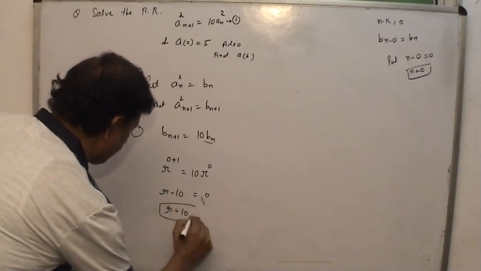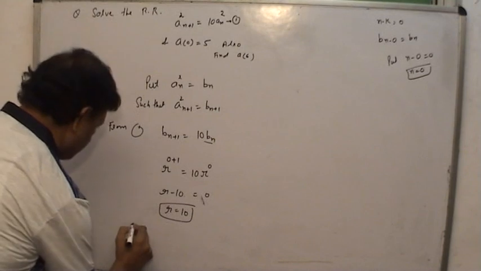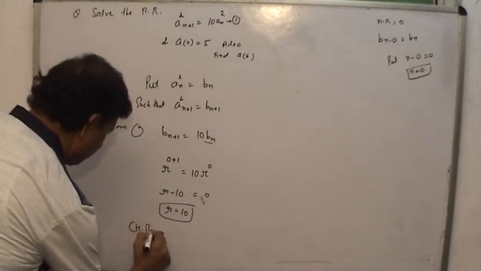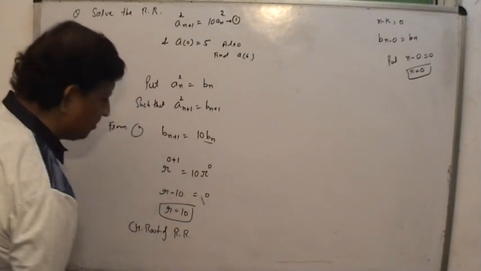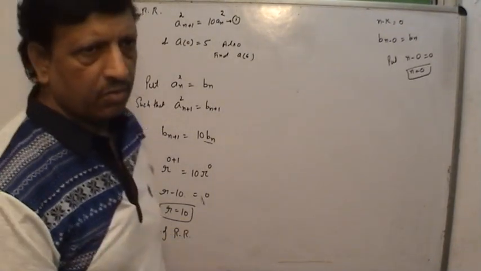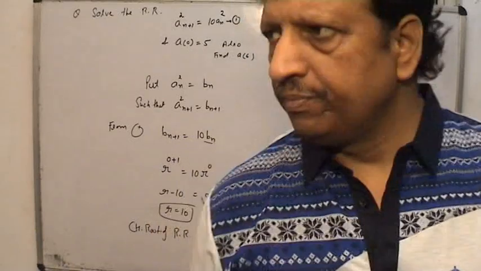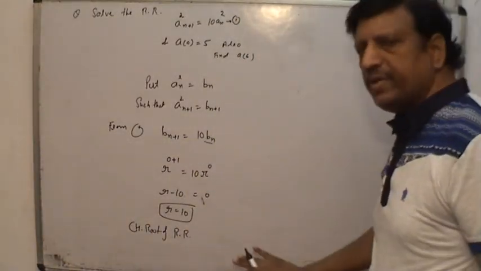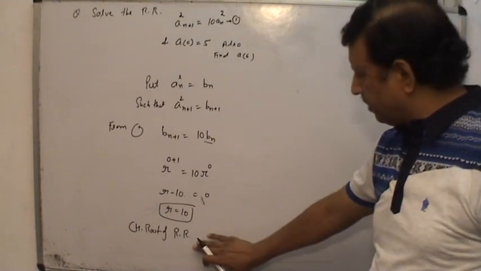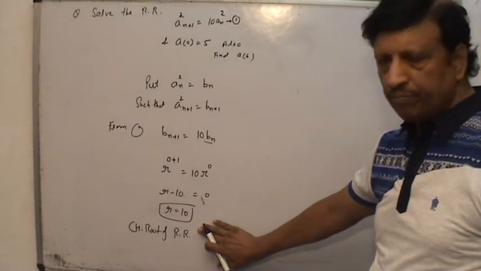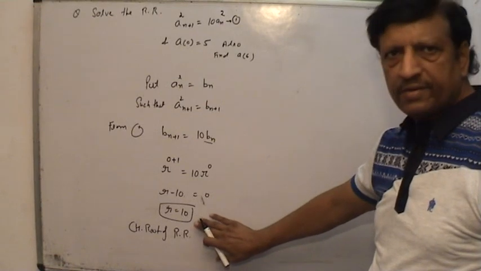R is equal to 10. We say it is the characteristic root of the recurrence relation, and it is only one root. Last time we discussed two roots, whether they were the same or different. Now here the root is single and it is 10.